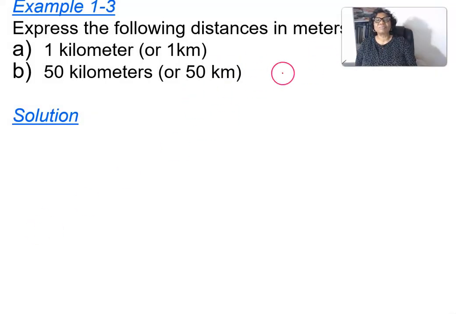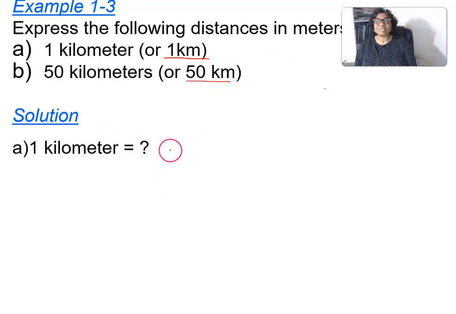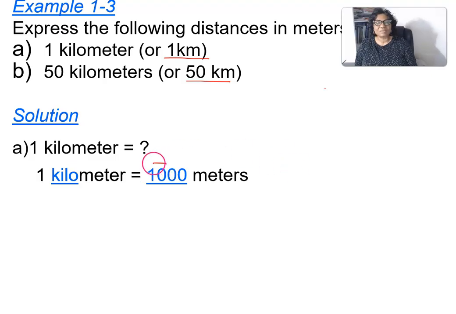So for example, how do we express the distance 1 kilometer or 50 kilometers? This is 1 kilometer. You see, we write it like this. Kilo is 1,000.